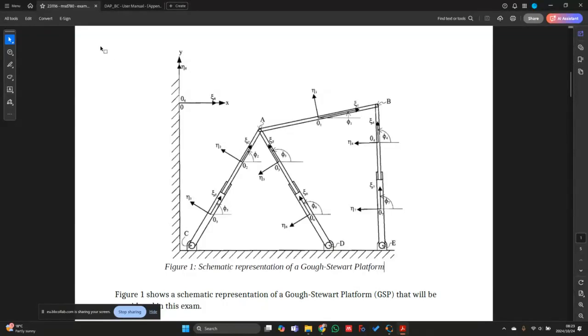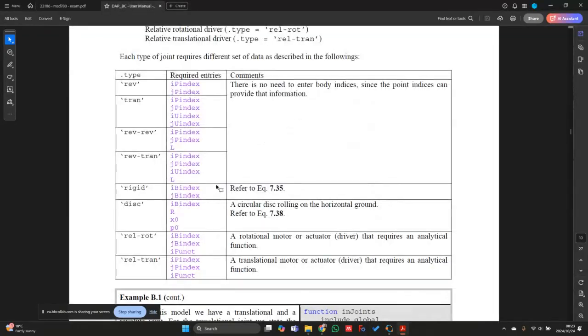So before I go and define this, I just have to understand what I need when I specify a translational joint. So I need an IP index, a JP index, so 2 point indices on the different bodies. And then I also need an IU index and a JU index. So these 2 pertain to the in U vectors files that I need to go and manipulate or modify.